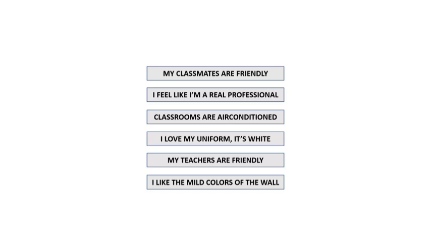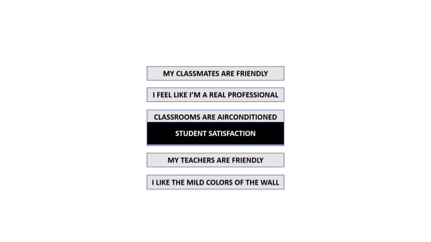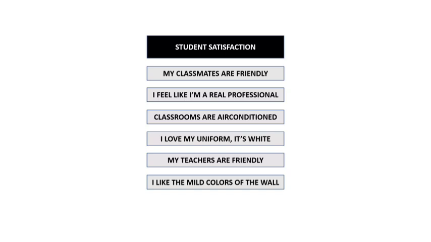If we are able to justify that there is a pattern of information here, then it can be considered correct. For example, all of these are referring to student satisfaction, but each statement can be grouped, clustered, and thematized according to the pattern of information.